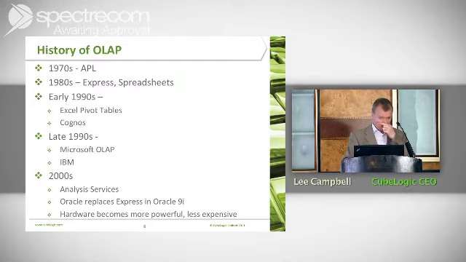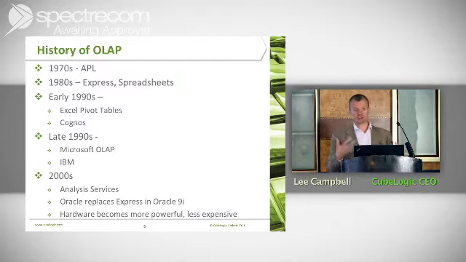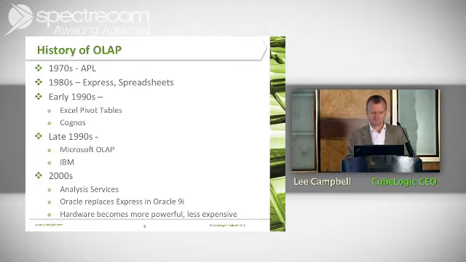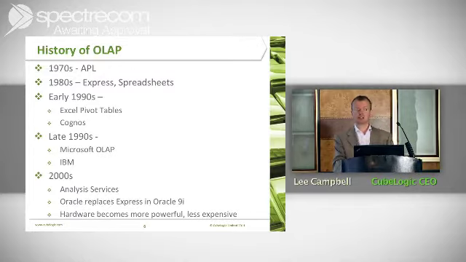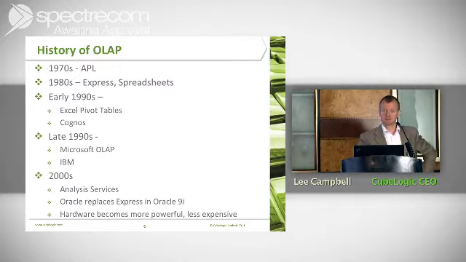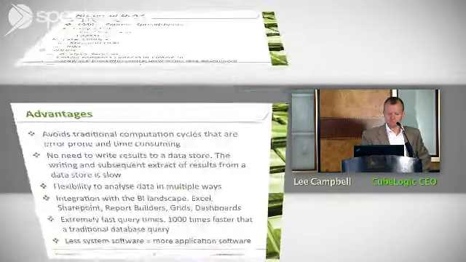And the other thing is hardware becomes less expensive and more powerful as you go through time, so you can actually cope with a lot more data. So that's kind of a history of it. But it's not particularly new, though it's really recently that it's becoming a much more widely adopted technology.